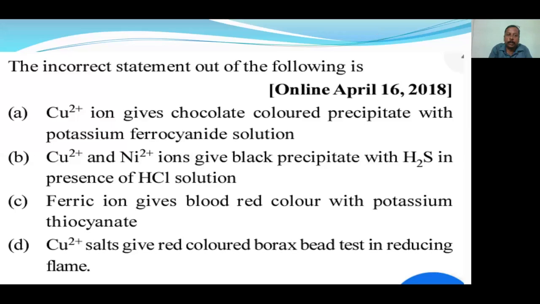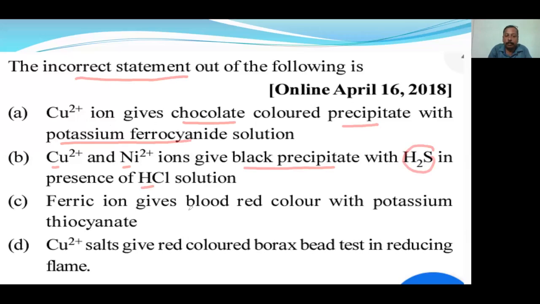Okay, next question: find the incorrect statement among the following. Cu2+ ion gives a chocolate colored precipitate with potassium ferrocyanide. Ni2+ gives a black precipitate with H2S in presence of HCl.